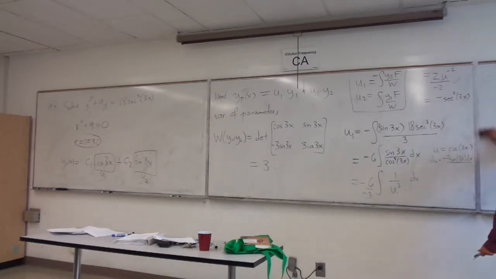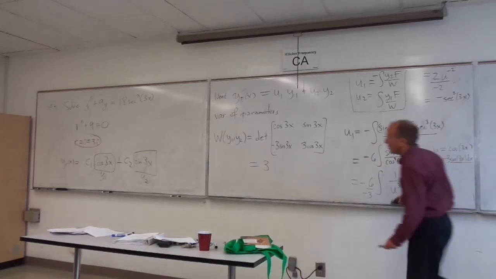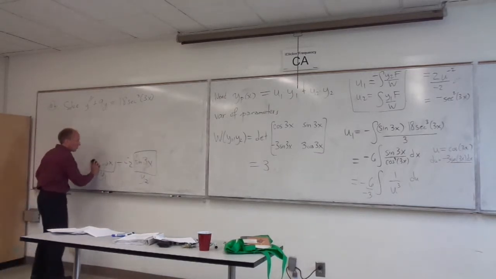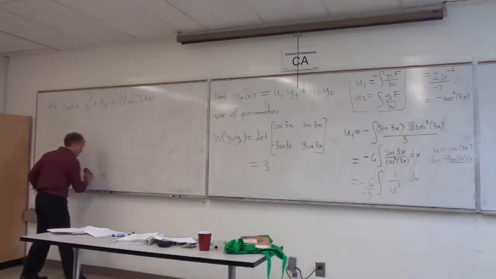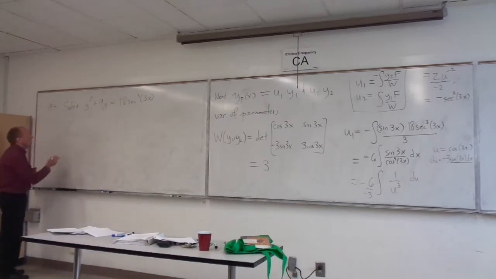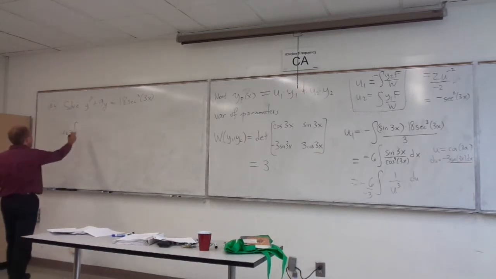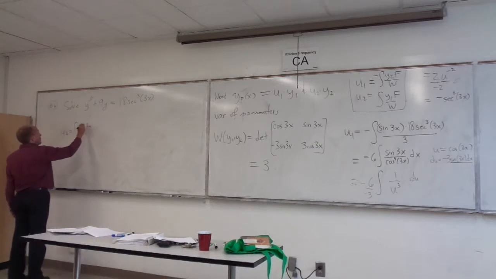All right, then we have to do the U2 as well. I'll try to do this quickly. U2 is the integral of y1 f over w. So we have y1 was cosine of 3x.